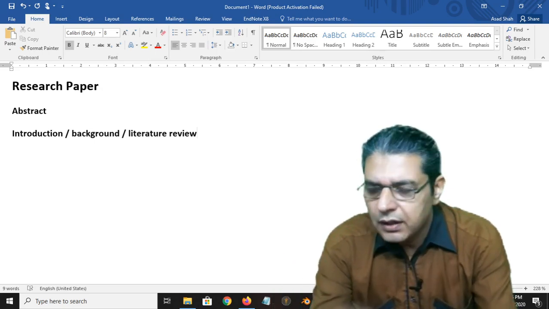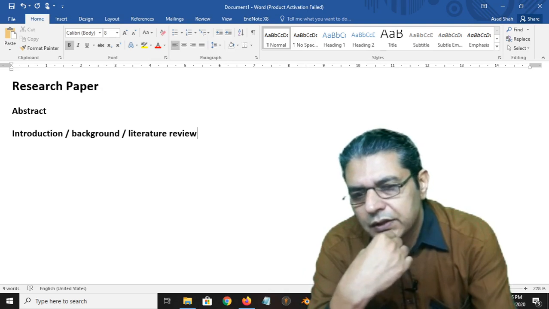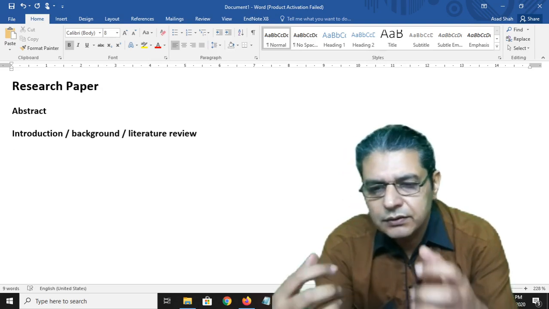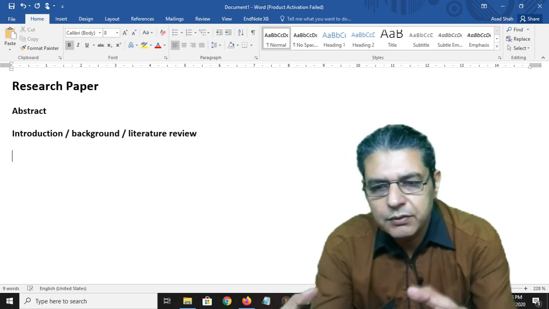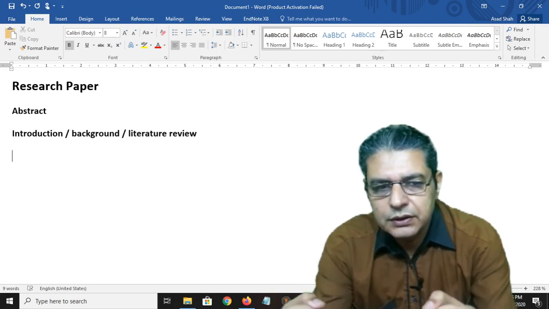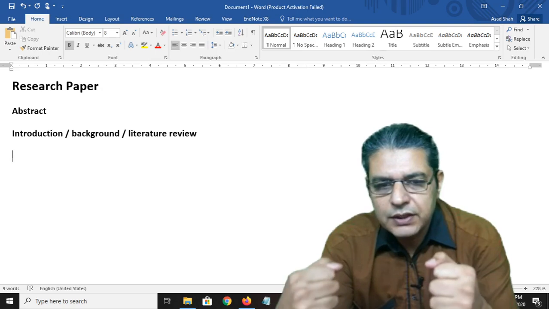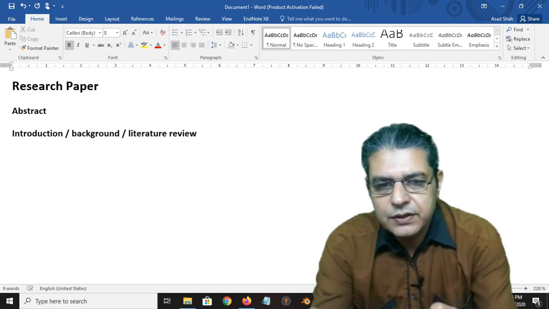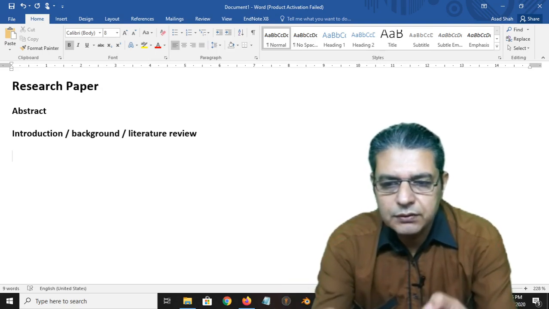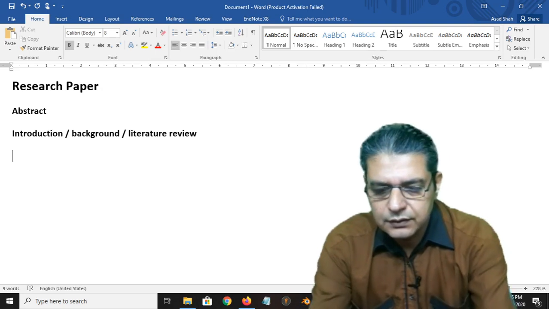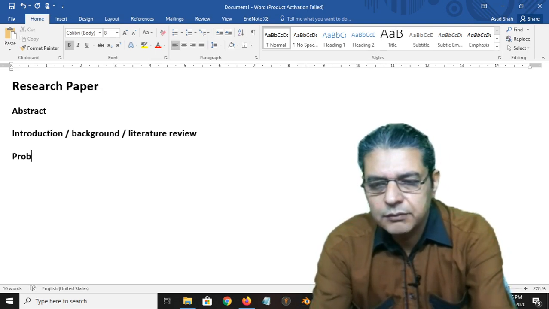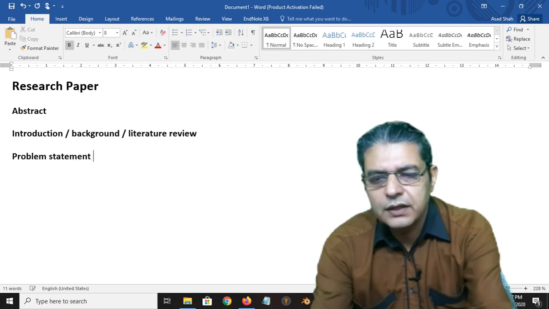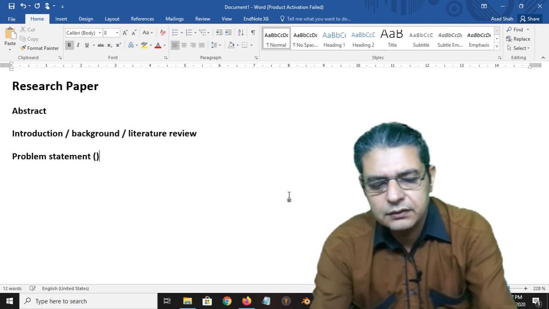After introduction, you can tell your problem statement, like what's the problem, what you want to do through this research, what kind of issue you want to address, what kind of problem you want to solve with this research. That's called the problem statement. It's a nice small paragraph you can write.